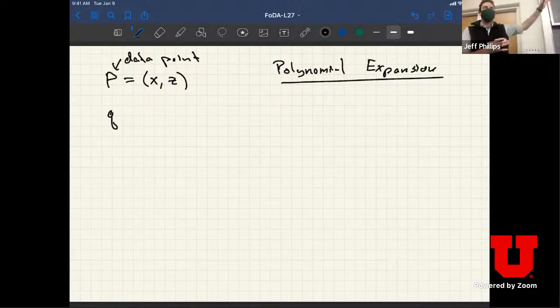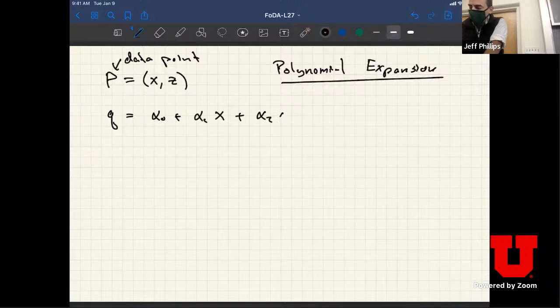If I have 2 coordinates, we didn't quite talk about this before, but I'm going to get x and z. So I'm going to have alphas: alpha 0 plus alpha 1 x plus alpha 2 x squared plus alpha 3 z plus alpha 4 z squared.